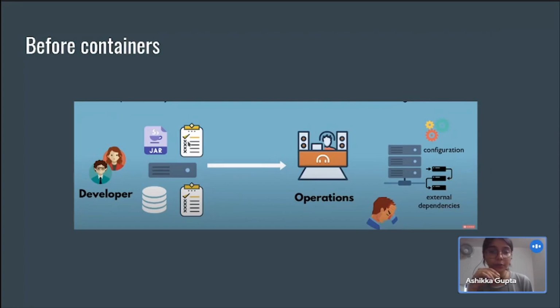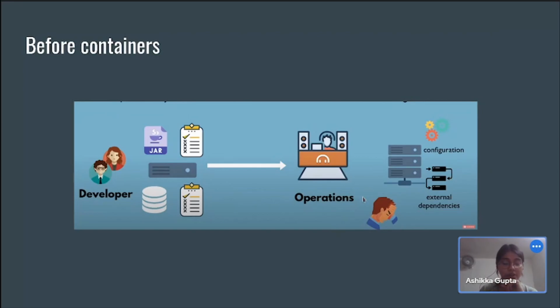They would provide the operations team with a textual guide on how to set up the application on servers. Because this process is so divided, there used to be many problems because the versions wouldn't match. Sometimes the application was built on top of an operating system which wasn't suitable for the DevOps team. It caused a lot of problems and was very painful. You can see the DevOps person is crying here.